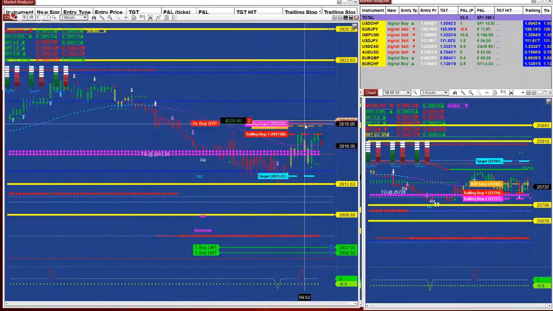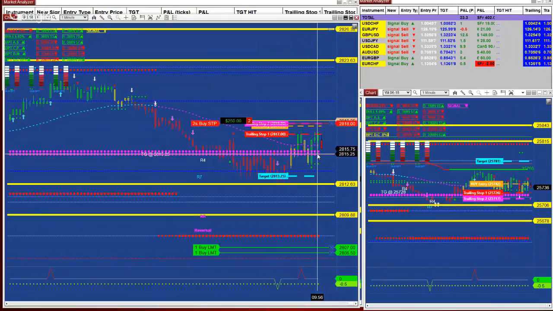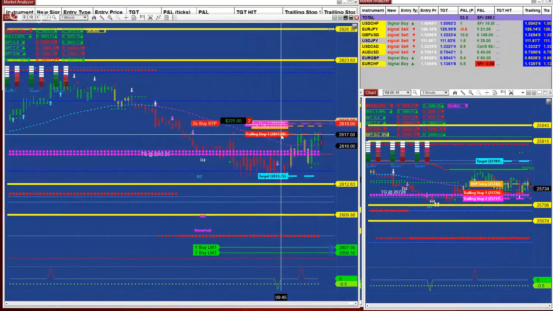So here is the problem right now on the ES. The ES is facing a double support line at 2815, 50, and the second one is 1525. We already hit the target. Going back to the projection, this is the trailing stop.